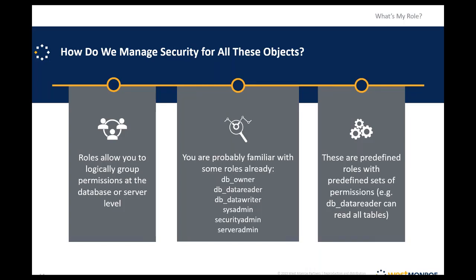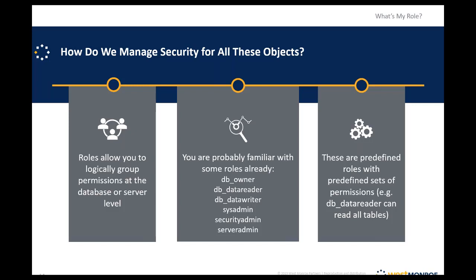and then next up, we're going to talk about what's my role, right? So there are a lot of objects we need to manage security for. We just talked about tables, splitting data between tables, writing views to encapsulate that, writing stored procedures, potentially a lot of stored procedures. So how do we manage security for all these objects?